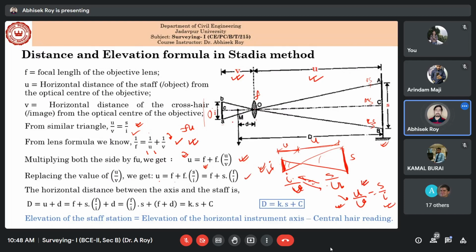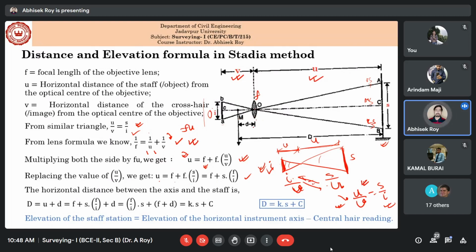Now remember, the distance between the axis of the instrument and the staff, which is capital D, will be your small u plus small d.